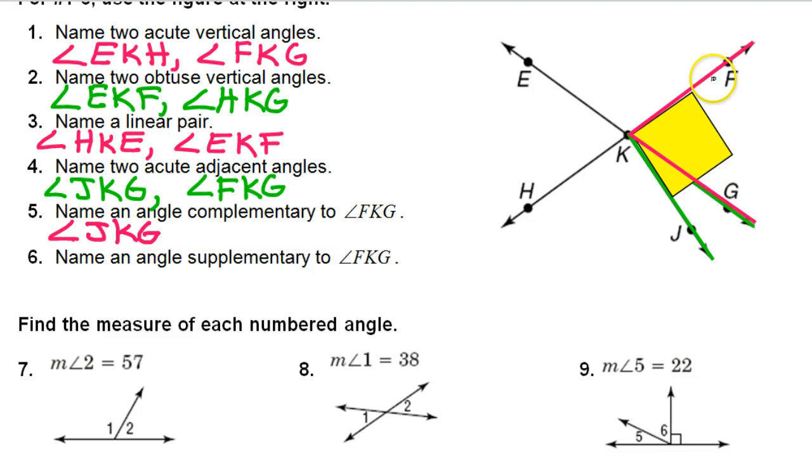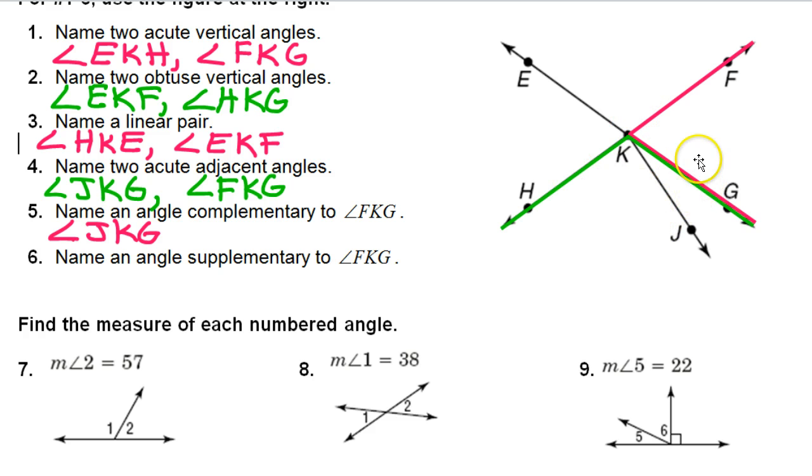Now, name an angle supplementary. So still dealing with the pink angle, FKG, but now I want a supplementary angle. So I'm going to get this angle right here. The pink angle and the green angle, these are supplementary. Or I could have done the pink angle and this angle up here. I guess that would have been even more obvious because that's also a linear pair.